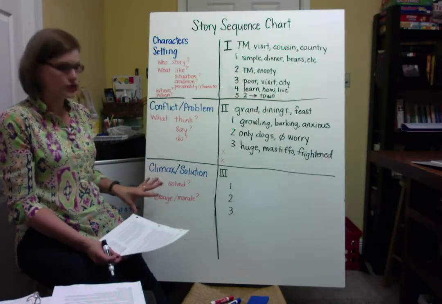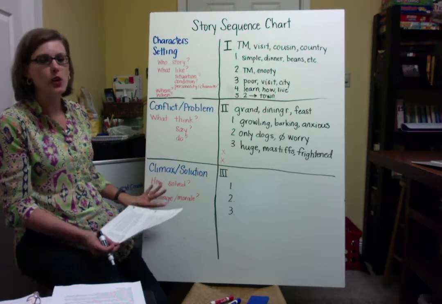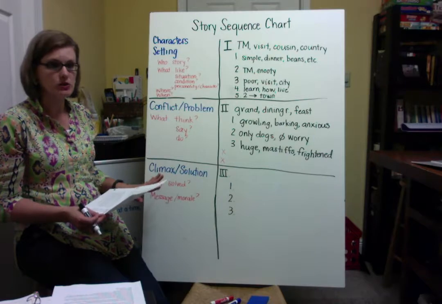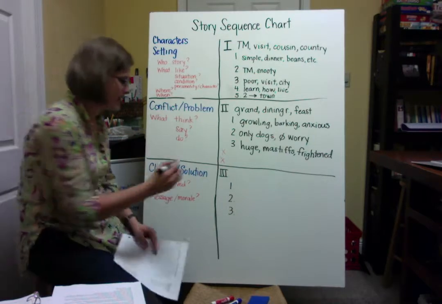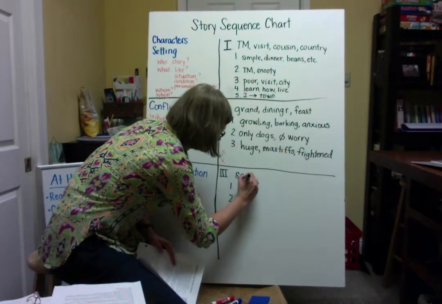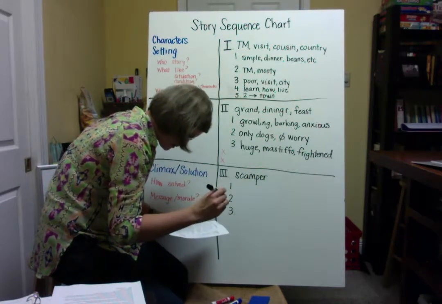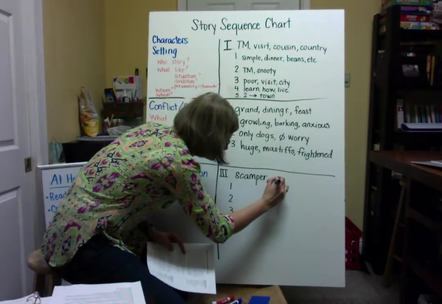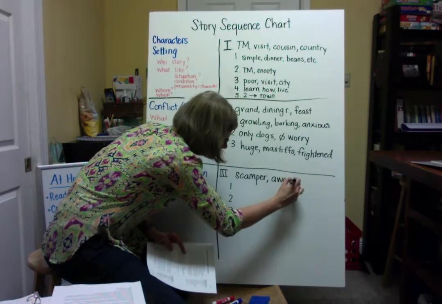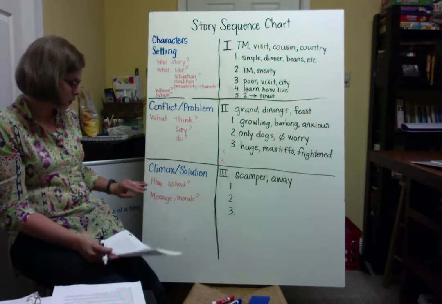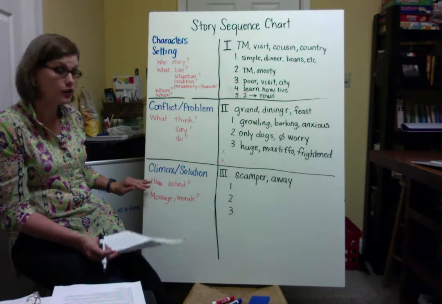Now, we have a problem. How are we going to fix that problem? How are we going to solve that problem? So what do the mice do? How do they solve their problem? They scamper away. And how does the country mouse solve his problem?